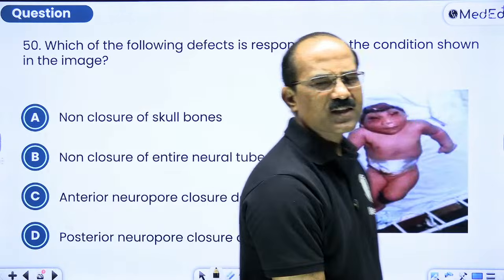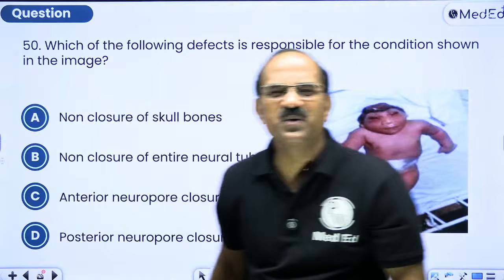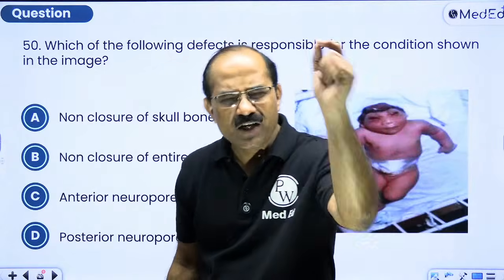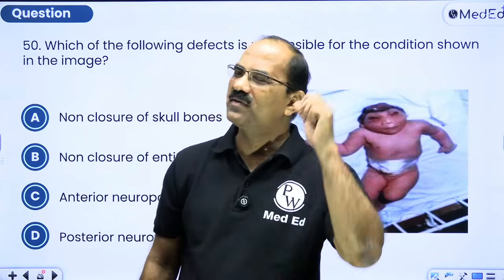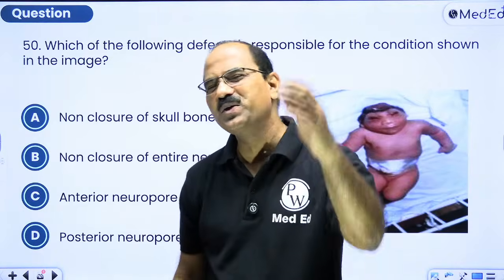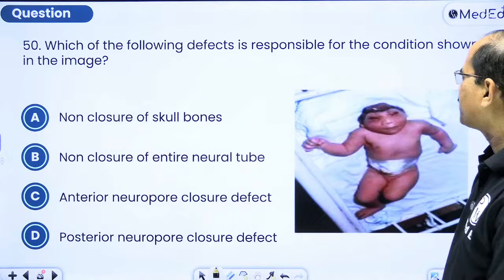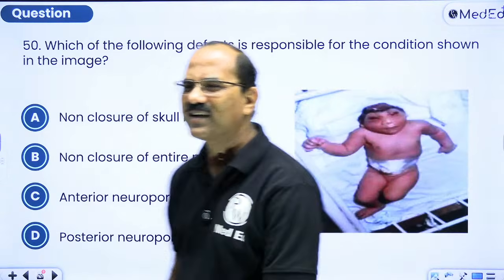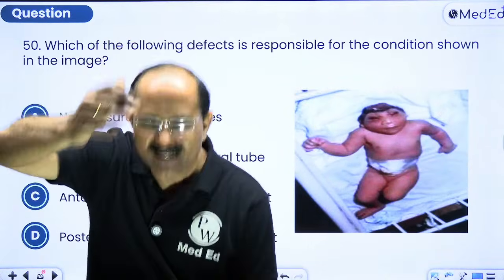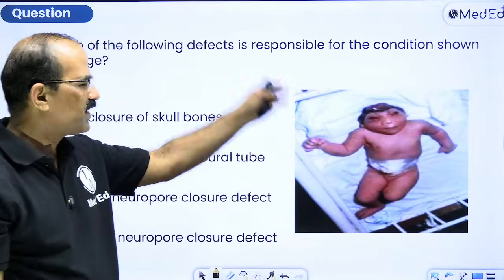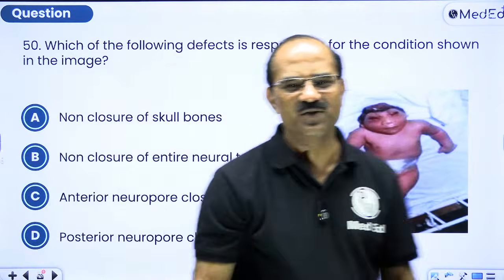Okay, coming to the last MCQ of the day, students. A special effort specially done by the PW MedEd team for you all. Chalo, answer this last MCQ. Which of the following defects is responsible for this condition? बोल सकते हो, what is this clinical condition? Anencephaly.